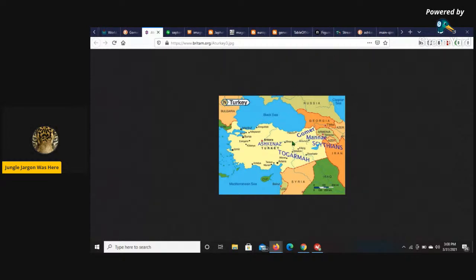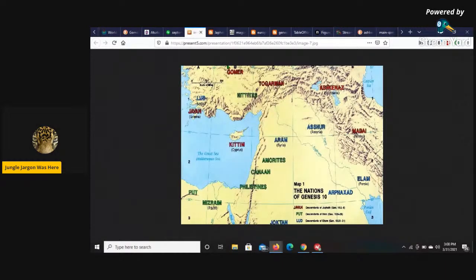But the Ashkenaz is the son of Gomer. So that's the connection that we have with the Jewish people, the Ashkenaz by way of Gomer, who is the brother of Javan and Tiras.